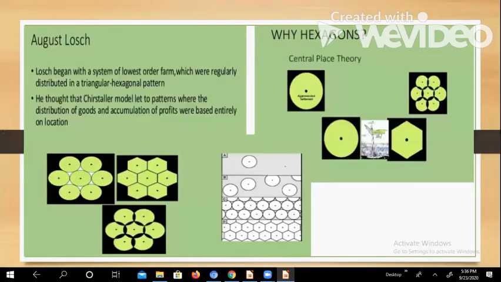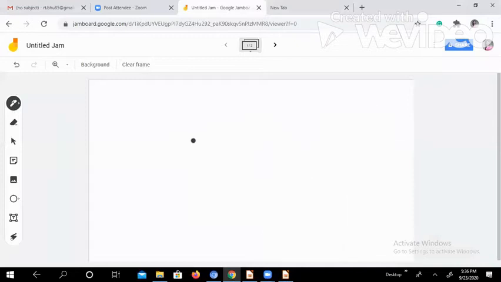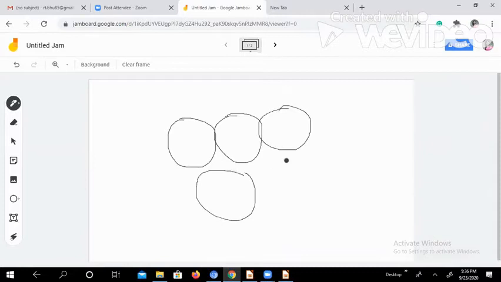Now, August Losch also took Christaller's model of hexagonal market areas. Why hexagonal? Like I said before, if the central places are circular, there would be certain places that are empty, and certain places where there is overlapping.